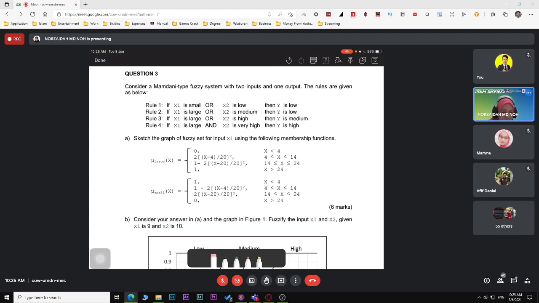Ingat lagi? This topic we already cover in fuzzy sets. Dia ada dua set dekat situ large dengan small. Kalau kita tengok dekat rules pun, kita ada X1 is small, X1 is large. Okay, so kita kena imagine how does the graph look like.